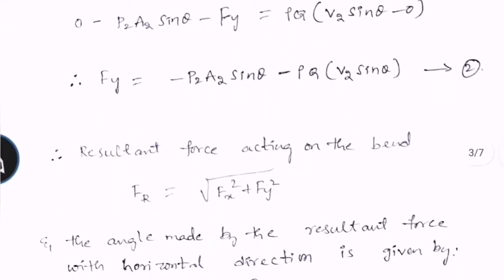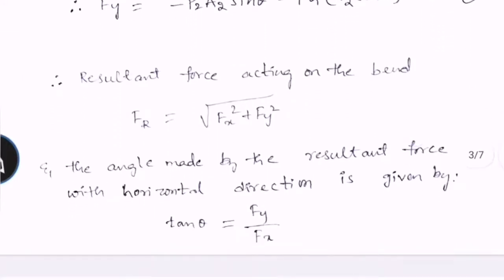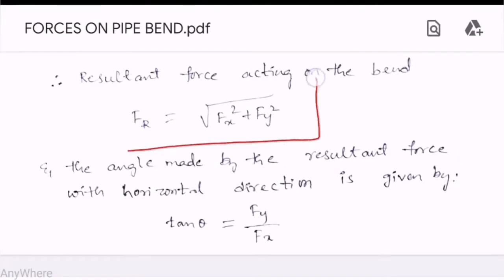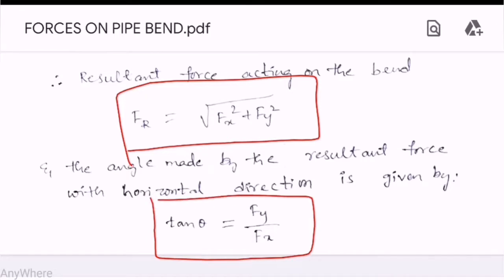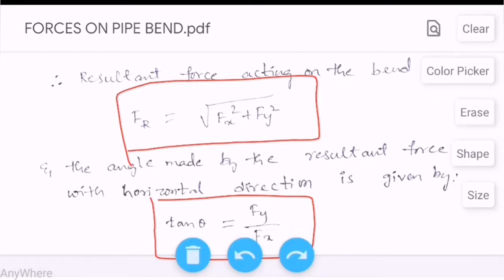The resultant force acting on the bend is Fr, equal to the square root of Fx squared plus Fy squared, and the angle made by the resultant force is given by tan theta equal to Fy by Fx.